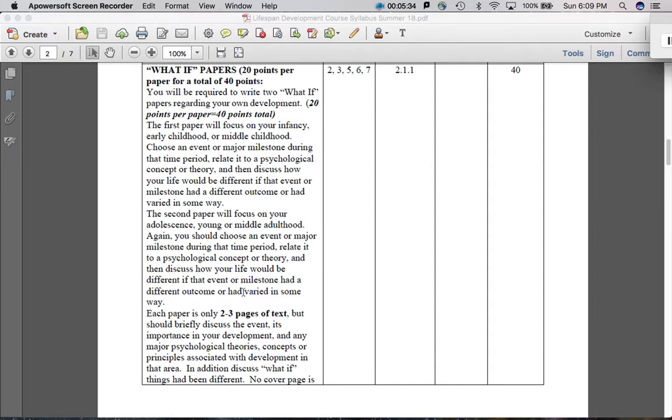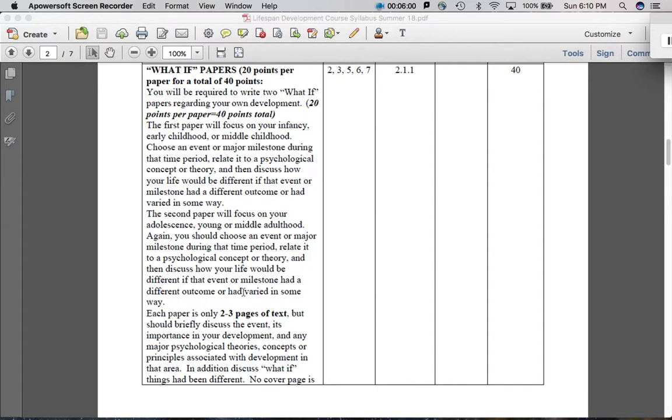So this is a completely imaginative situation of what if you had not met object permanence, for instance, or what if you had not had appropriate linguistic input provided for you, which didn't allow you to develop your own language. What could have been the potential outcome at a later point in time, let's say now in adolescence or in adulthood, if that had not happened successfully and you had not achieved the milestone appropriately.